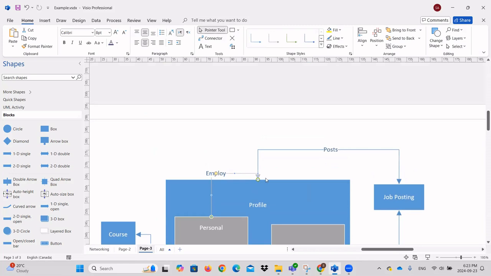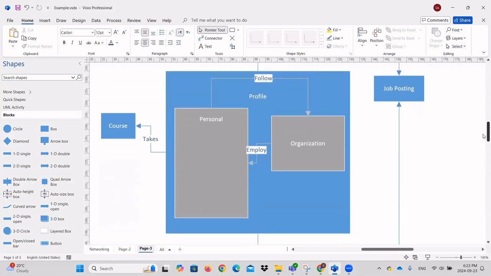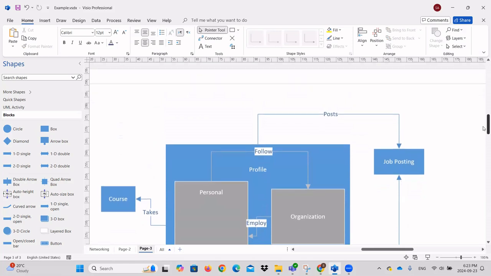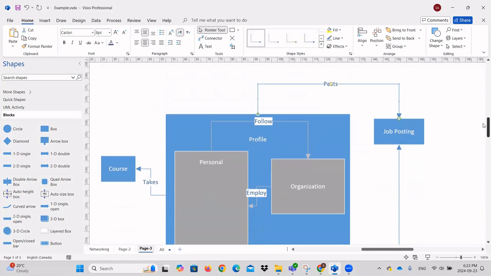And this is the follow relationship. Okay. All right. Now we can also refine how these relationships work.